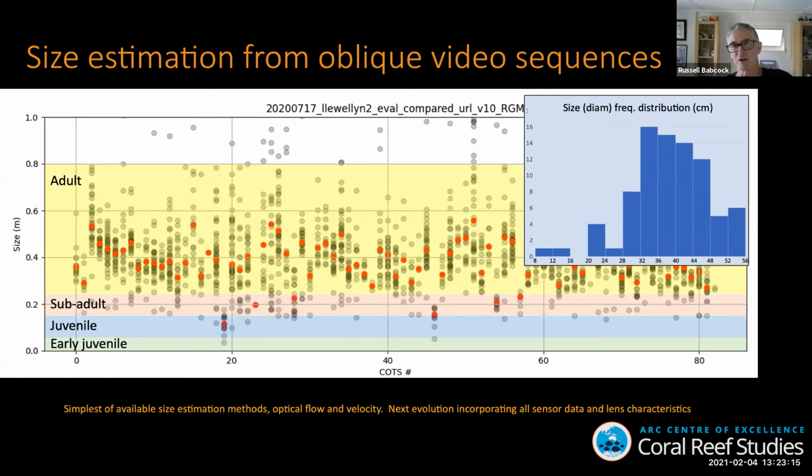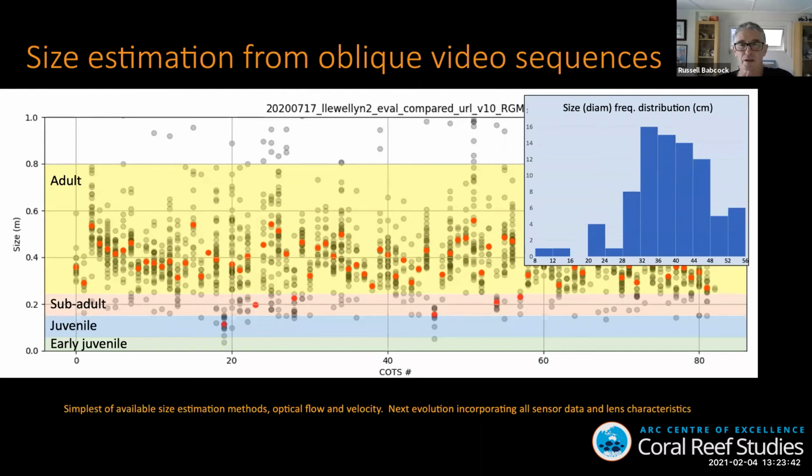And here you've got the size distribution of the population of starfish that were found at Llewellyn Reef. And although the sample size is not huge, it's 100 or more starfish, it looks like there are several cohorts there of 1-year-old, 2-year-old, possibly 3-plus year class starfish, and some that are even older.